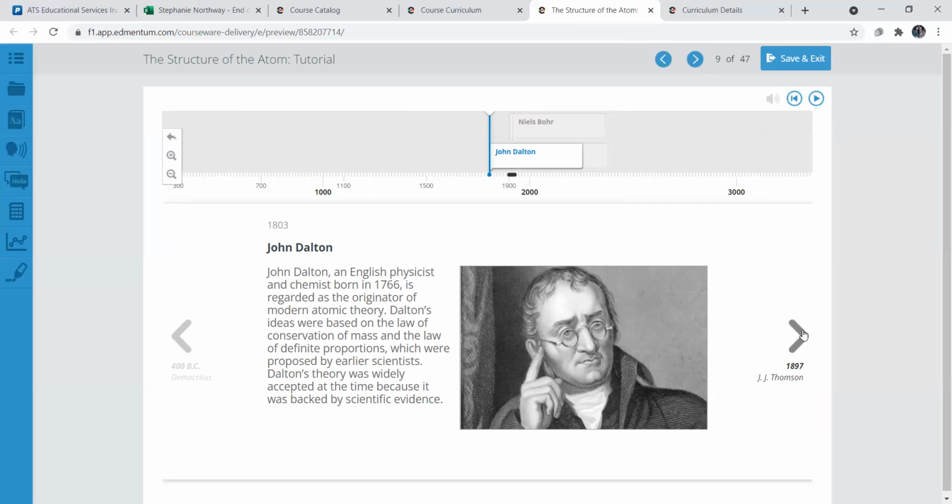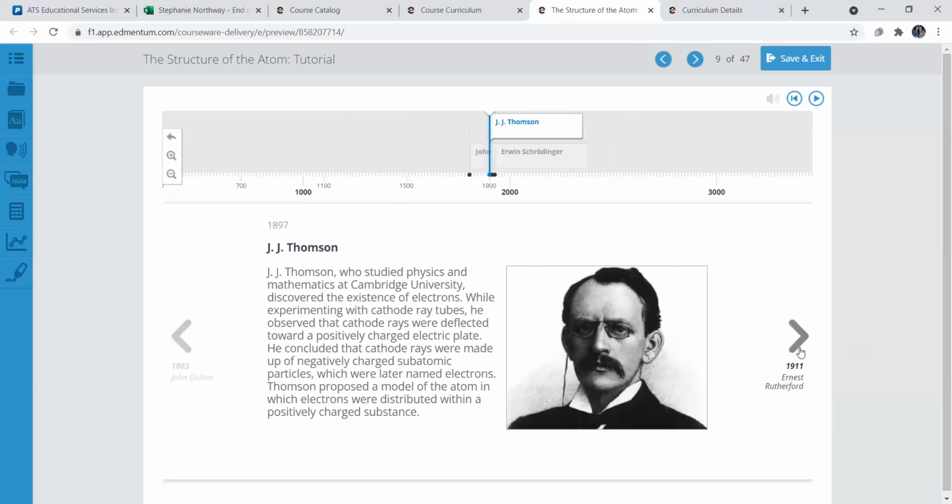And I do have that in a mini lesson as well, and it breaks it down even further. Then 1897, J.J. Thomson, who studied physics and mathematics, discovered the existence of electrons. So then it goes even further, then we find the electrons in the atoms. So that's what he detected.